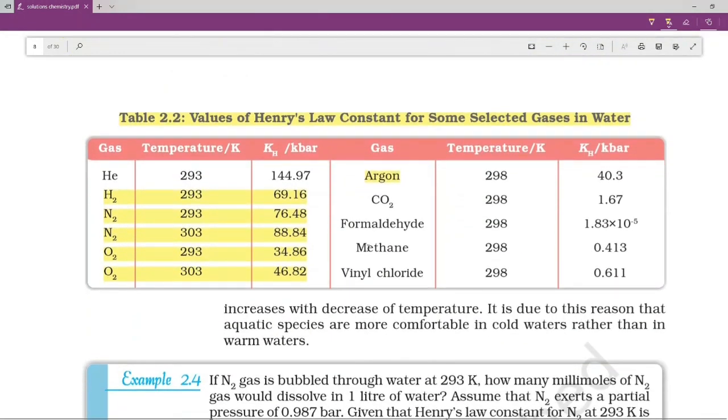One more thing you can simply observe here is that for N2, nitrogen gas, at 293 Kelvin the value of KH is 76.48, and at 303 Kelvin it is 88.84. So you can see as the temperature is increasing, the KH value is increasing. Please pay attention here. As the temperature increases from 293 Kelvin to 303 Kelvin, for nitrogen KH increases from 76.48 to 88.84.